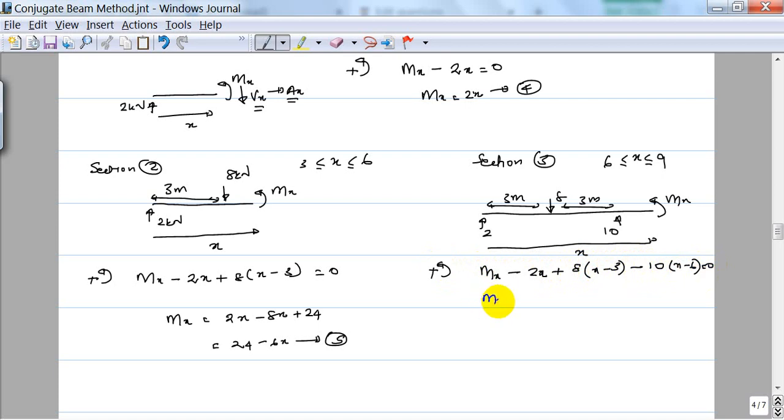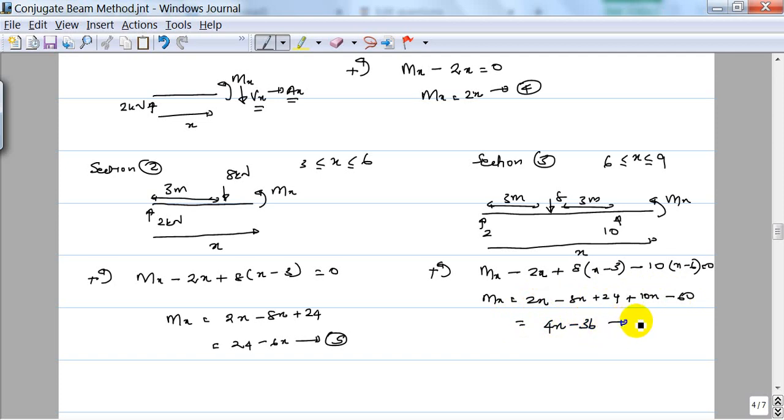So Mx is equal to 2x minus 8x plus 24 plus 10x minus 60. So that is 12x minus 8x, 4x, then 24 minus 60 is minus 36.